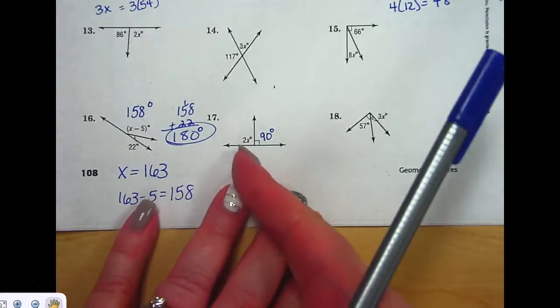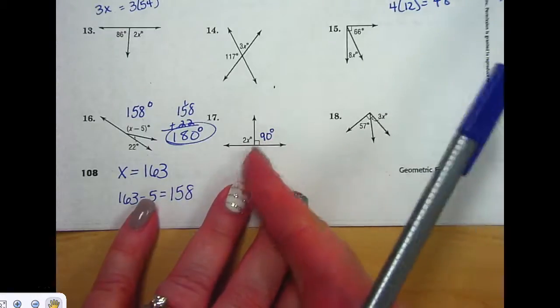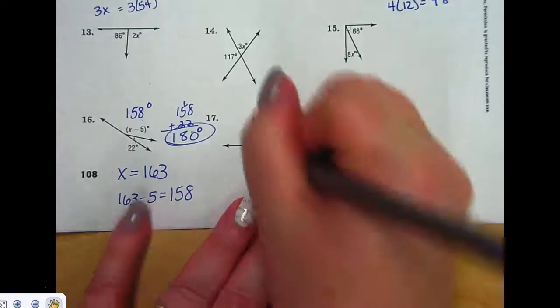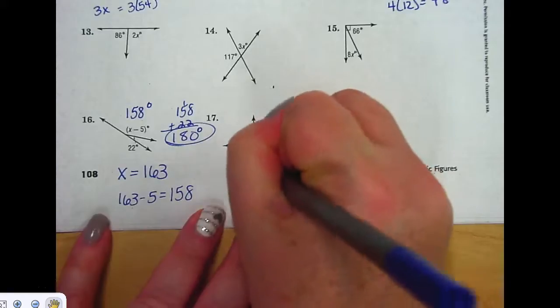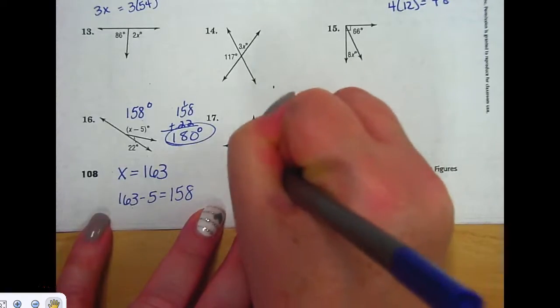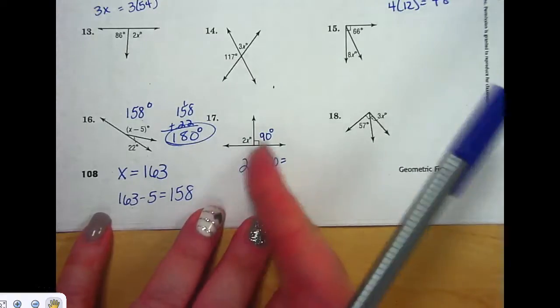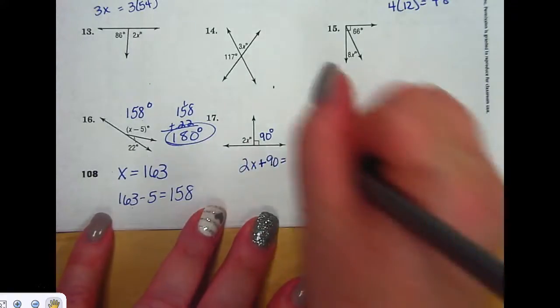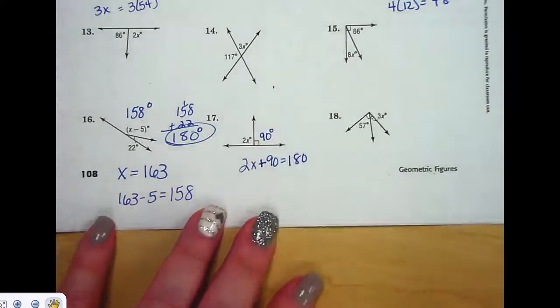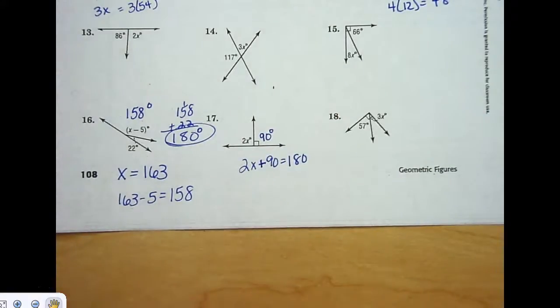Now I can do 2 times x plus 90 equals what? What do they have to add up to? 180, because they make a straight line. That's that one. Okay. As you glance at that, are there any others you have a question about?